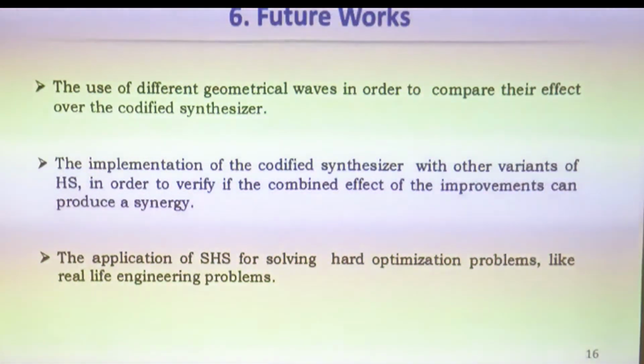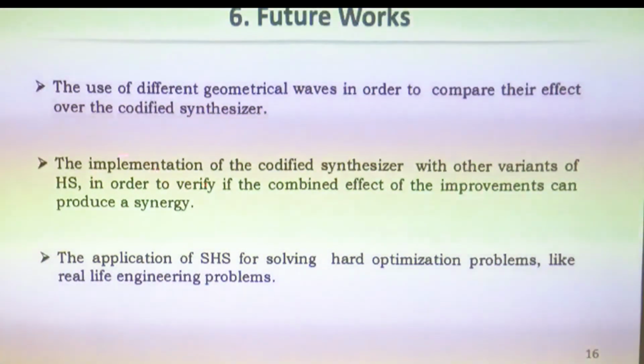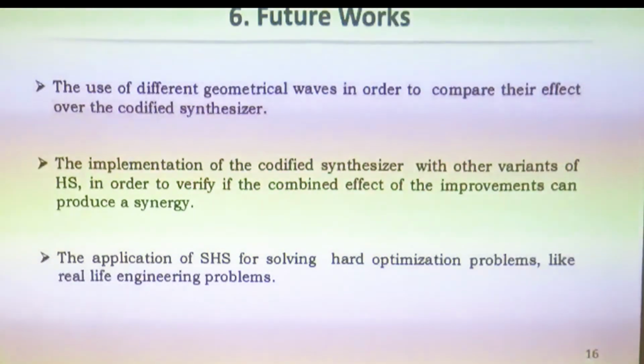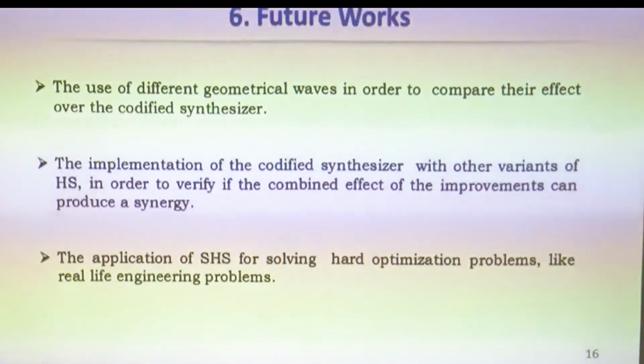Also, implement these synthesized codes with another variant to evaluate the effect and produce a synergy that improves the harmony algorithm. And finally, apply SH for solving hard optimization problems like real engineering problems.